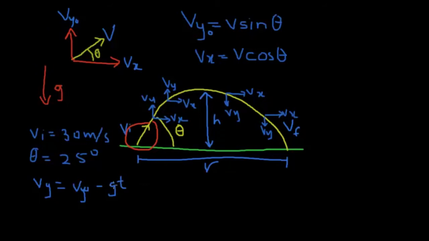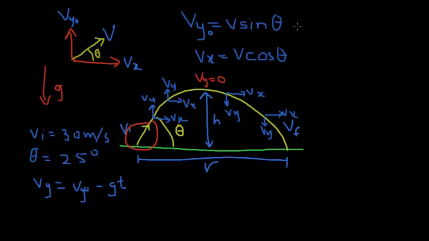The second thing to note here is at the maximum height of the particle, which is h, the vertical velocity, the Vy, will be equal to 0. This is pretty obvious. As the ball reaches its peak height, the maximum height, it will stop. The vertical component will be 0, and it will start falling back towards the Earth due to gravity.